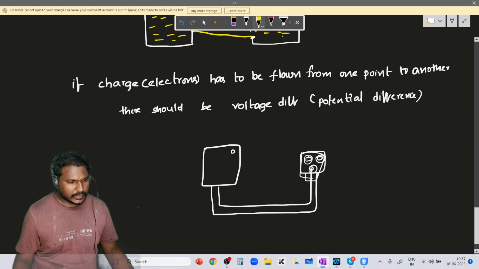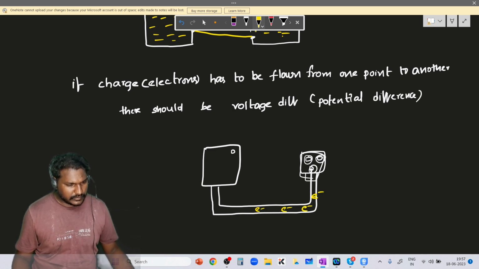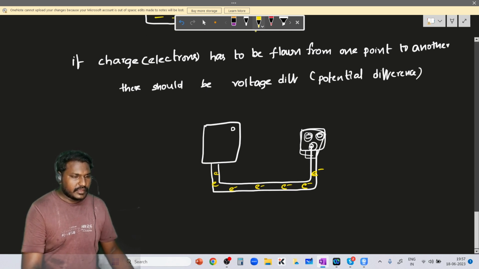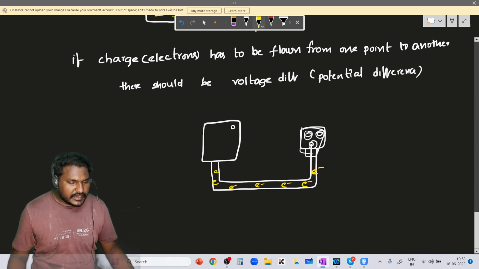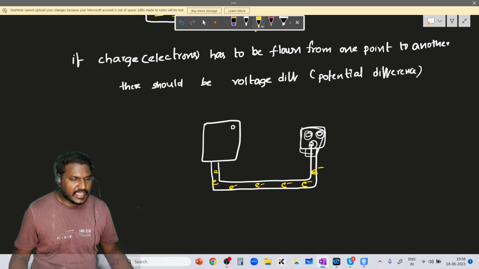If there has to be a flow of charge, there has to be a potential difference, and this potential difference can be defined as the amount of work done to bring a unit charge from one point to another point.